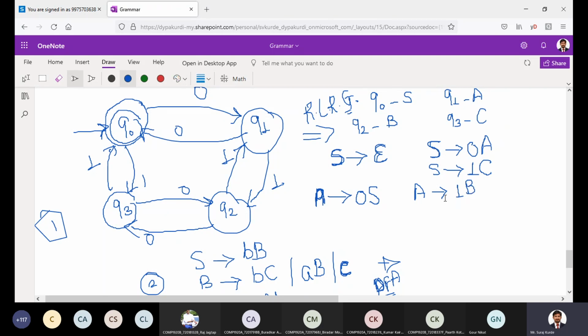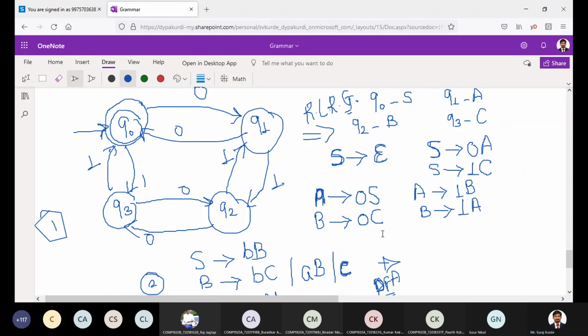Q2 is renamed as B. Then from Q2, that is from B, on input 0 the next state is Q3, capital C. From capital B on input 1, the next state is Q1, renamed as capital A.